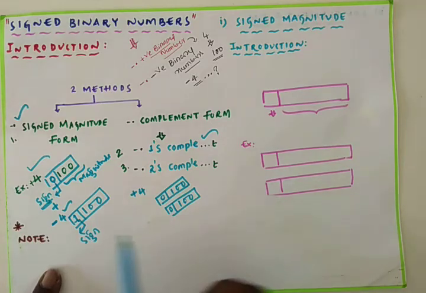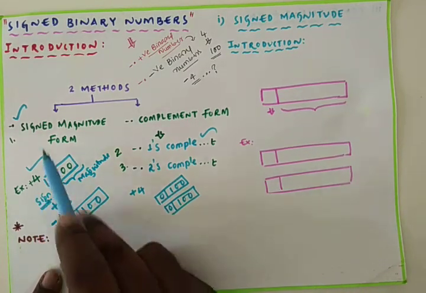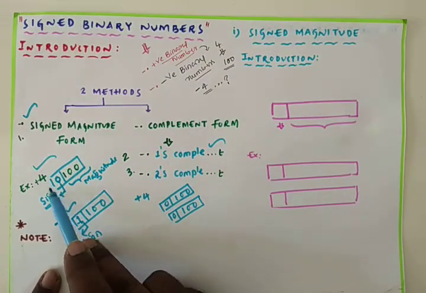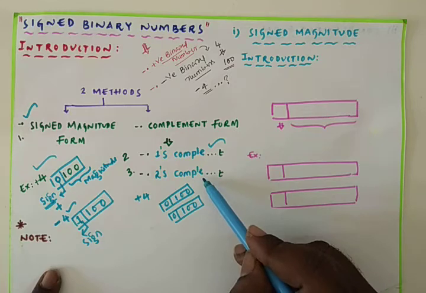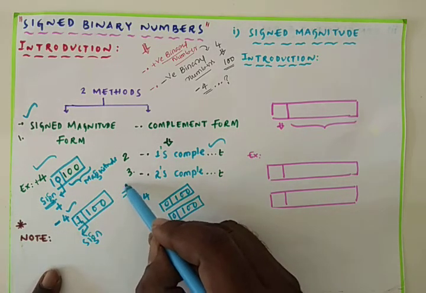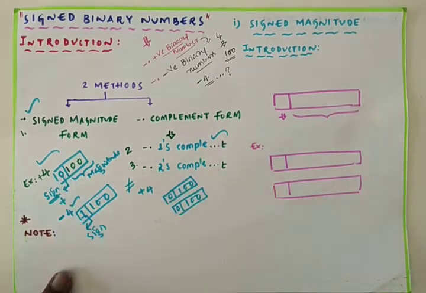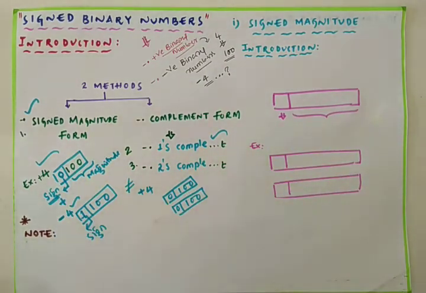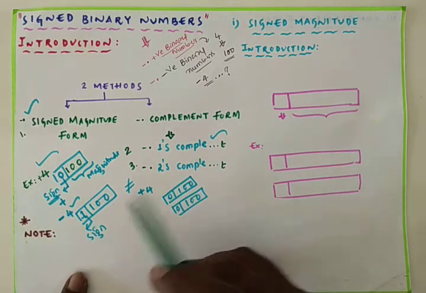Whenever we are representing positive values, plus 4 in sign magnitude form, in ones complement form, and in twos complement form, all are equal. When you are representing positive binary numbers in the 3 ways, the answer will be the same. So these signed binary numbers can be specifically used to represent the negative binary numbers.